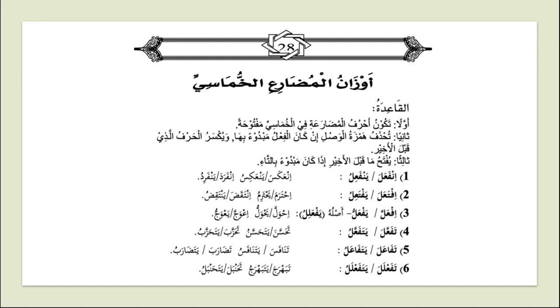So we're on page 28, Al-Qa'idah. The first one should be clear to us. أولاً تكون أحرف المضارع مضارعة في الخماس مفتوحة. What is the meaning of that? By now you should be able to translate this or understand yourself.